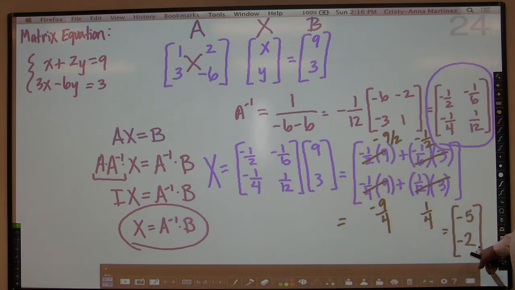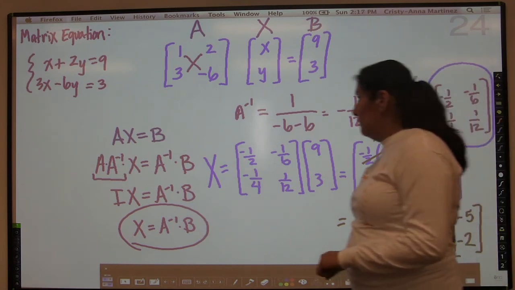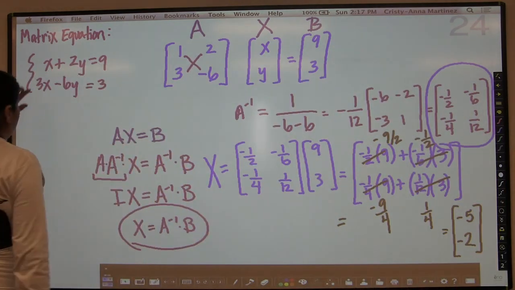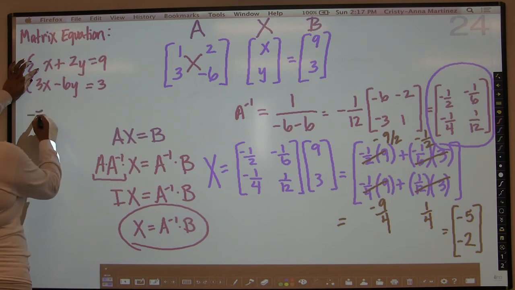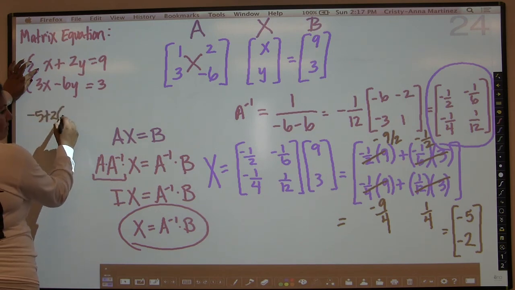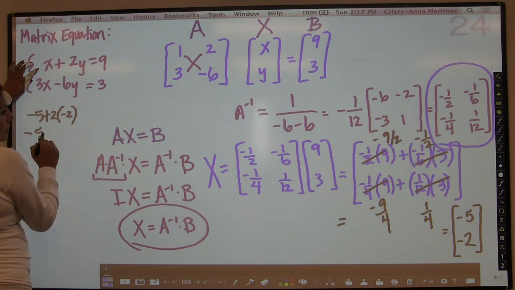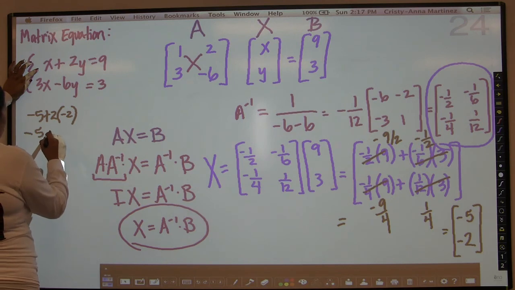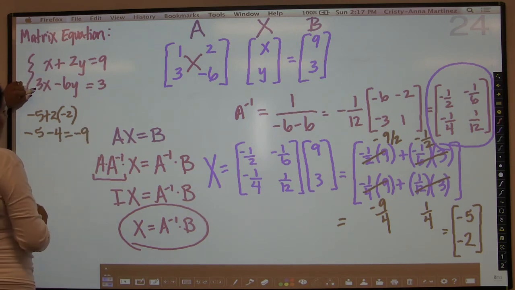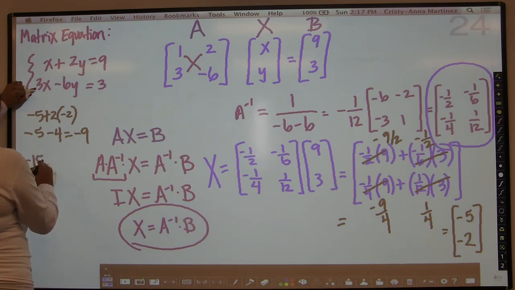And you can check that with the original problem. You can check here that x is negative 5 plus 2 times 9 is negative 2. So that would be negative 5. 2 times y is negative 4, and that's negative 9. And then 3 times negative 5 is going to give you negative 15.